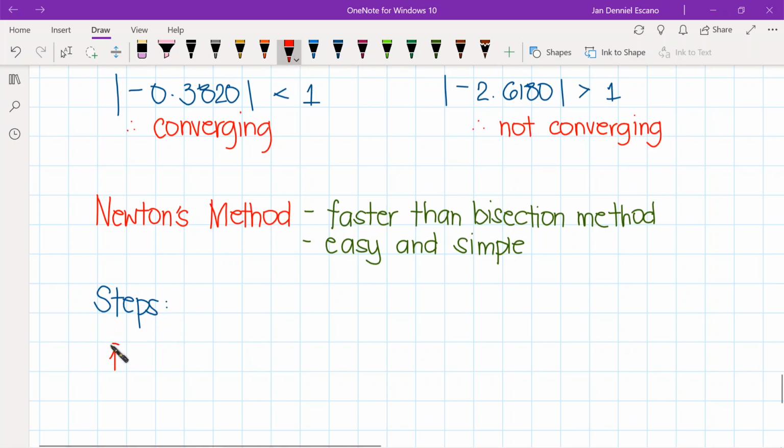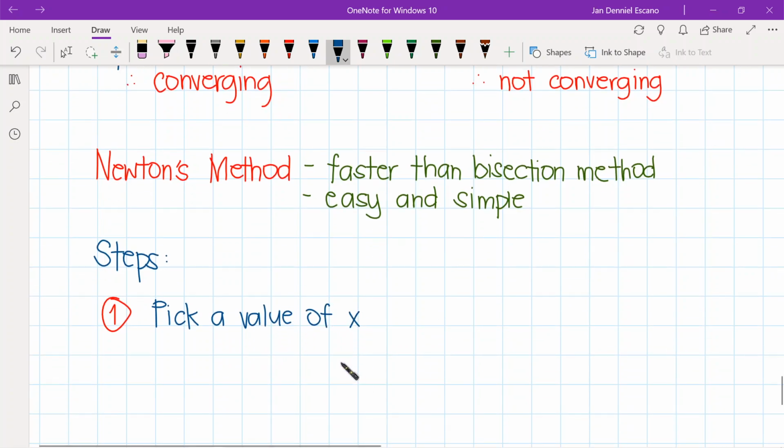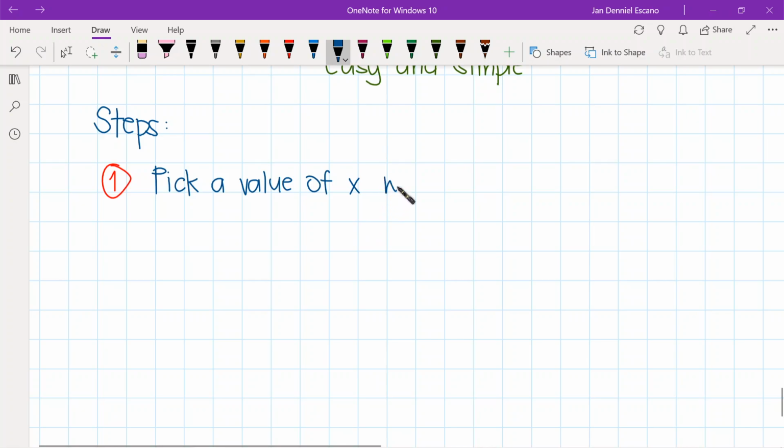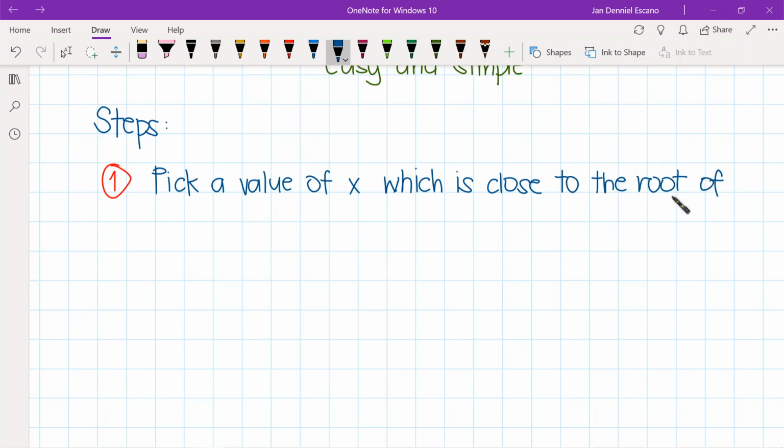The first step is we pick a value of x which is close to the root of a continuous function f of x.